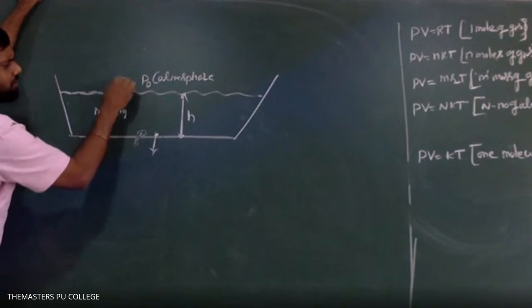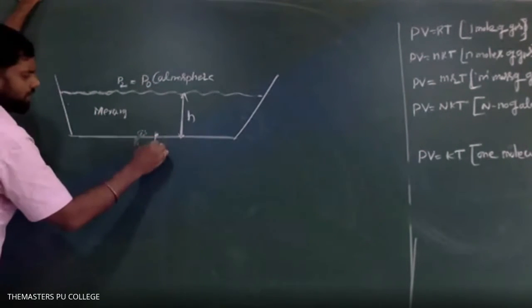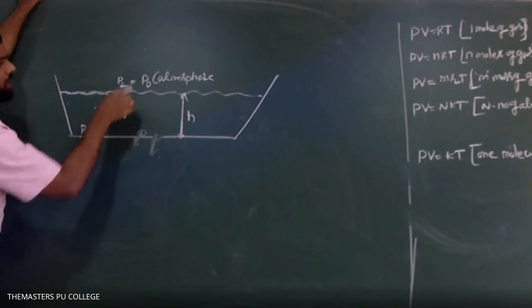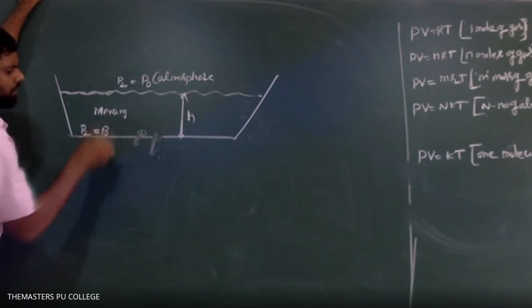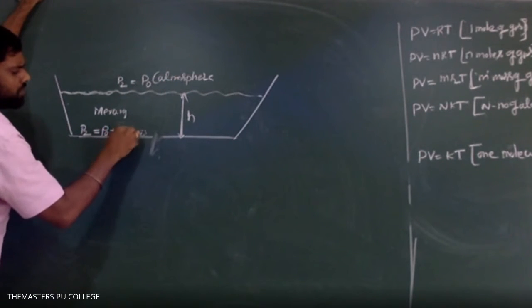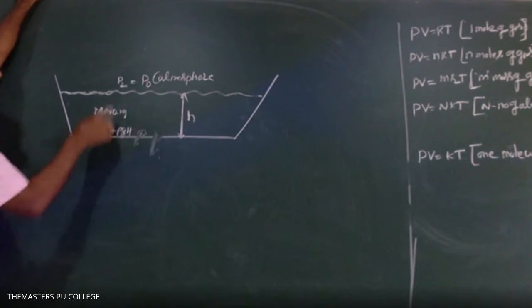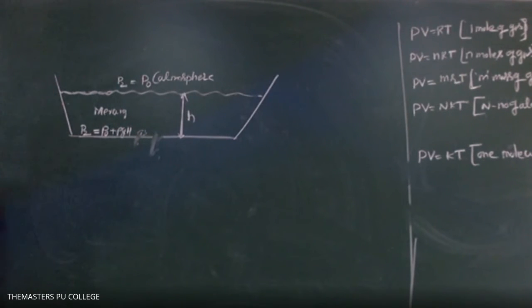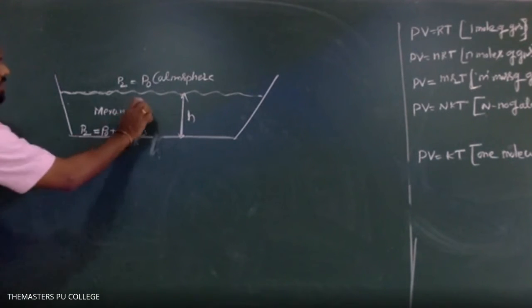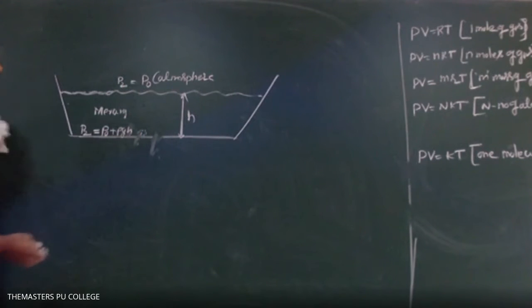So the pressure P2 at the bottom is P0 plus rho g h. We know that the pressure due to a fluid column is rho g h, where rho is the density of the fluid, g is acceleration due to gravity, and h is the height of the mercury column, here small h.